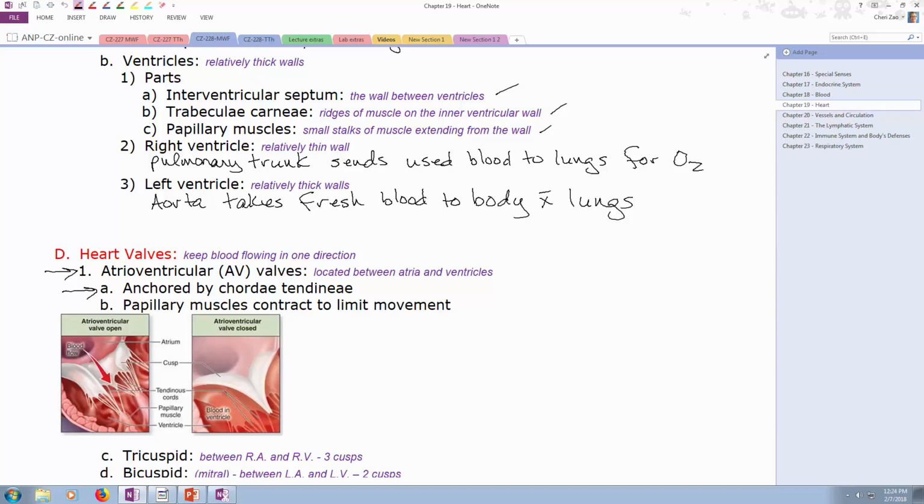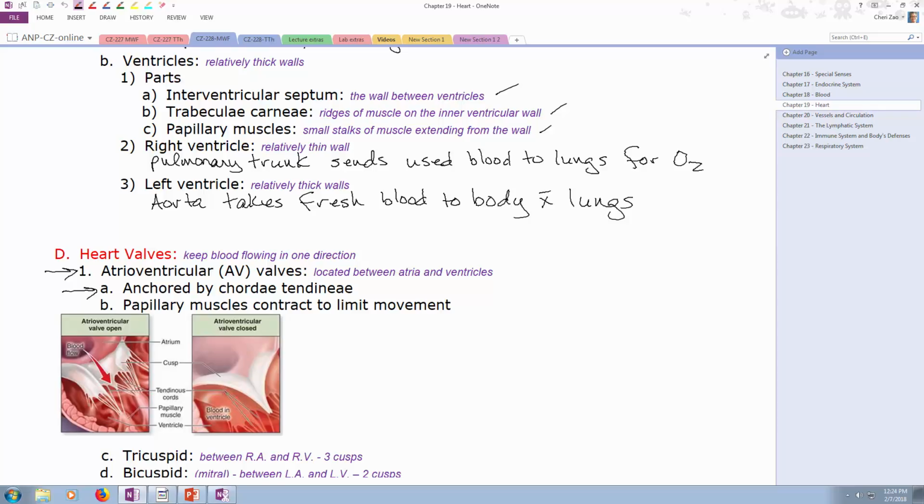I want to ask you, do you think the right side or the left side pumps more blood, or do you think that they pump the same volume of blood? Let me ask you this question. For those of you that think it's going to be difference in volume of blood, remember we're a closed circuit, okay?